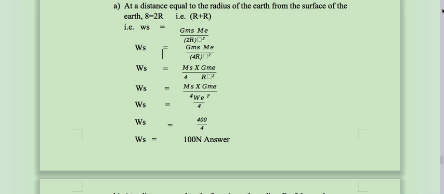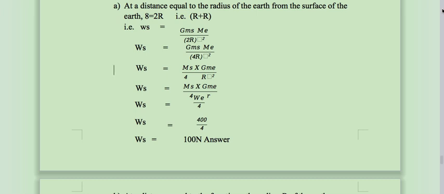Using our relationship, the weight of the satellite is equal to capital G, Isaac Newton's gravitational constant, times the mass of the satellite, Ms, times the mass of the Earth, Me, all over r squared. This is Isaac Newton's law of universal gravitation.